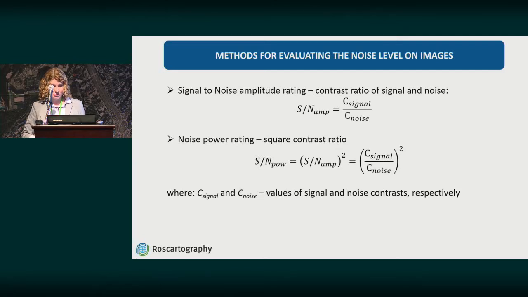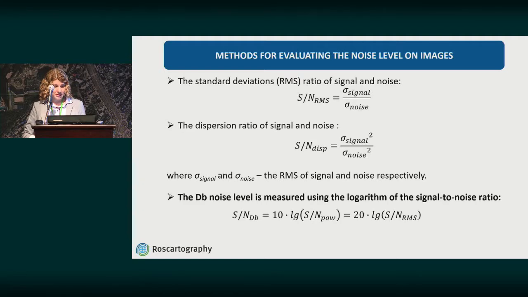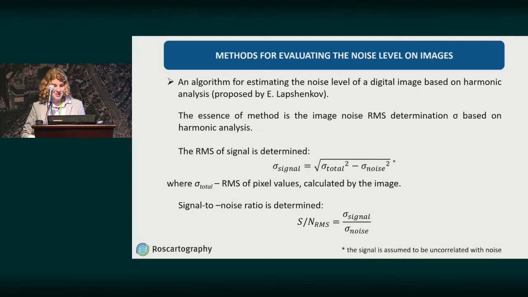I will not elaborate on those. This is just for reference. In particular, it is considered that signal-to-noise is a standard for noise measuring, and it is measured in decibels.